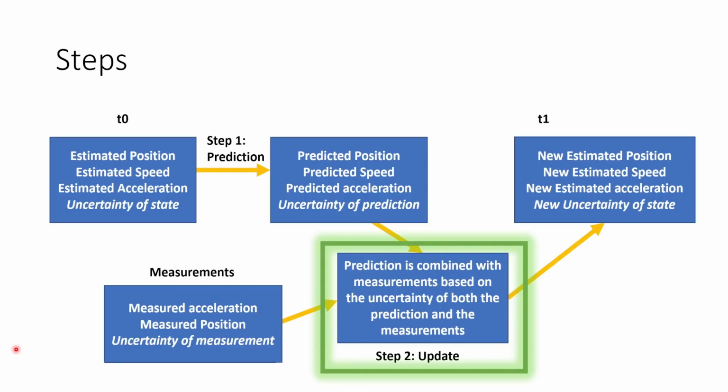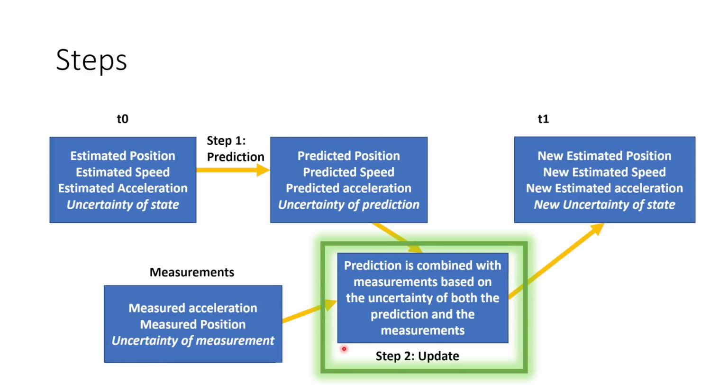So now we have a predicted position, speed, and acceleration, and an uncertainty of that prediction. And we also have the measurements, the measurement of acceleration and the measurement of position. And we also have an estimate for the uncertainty of those measurements.